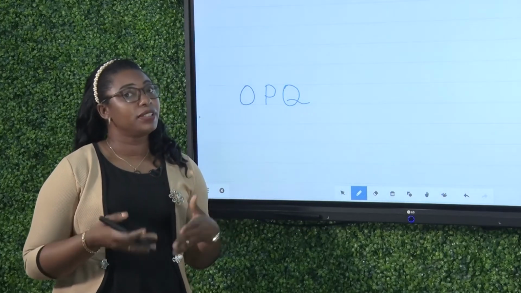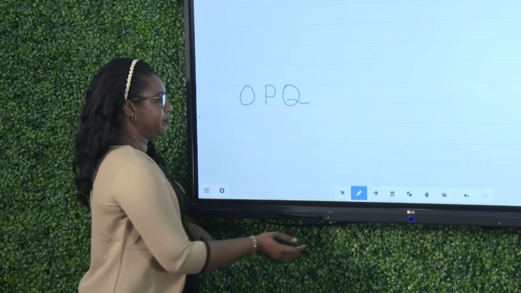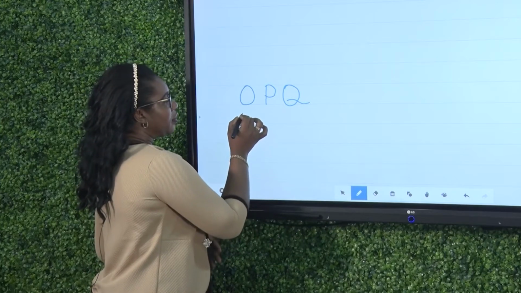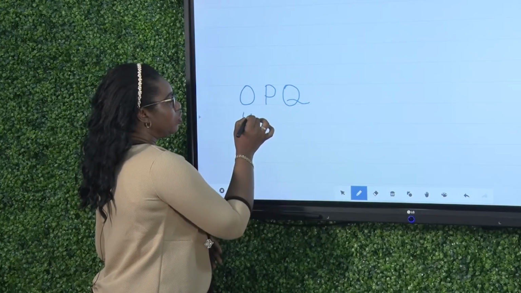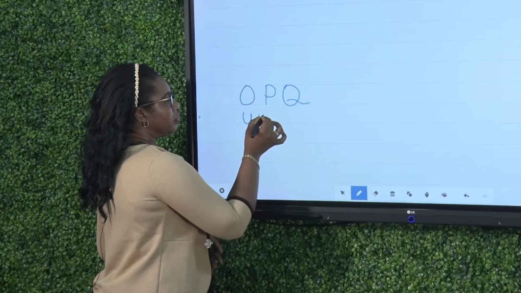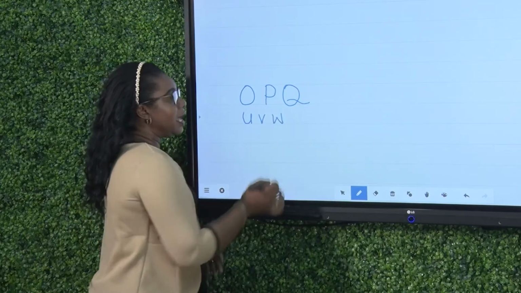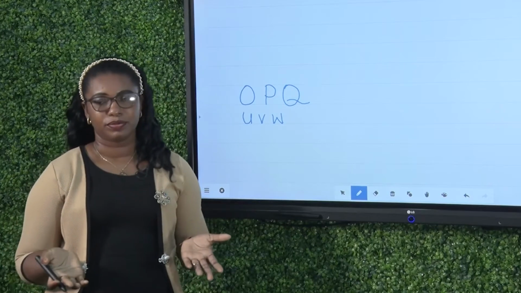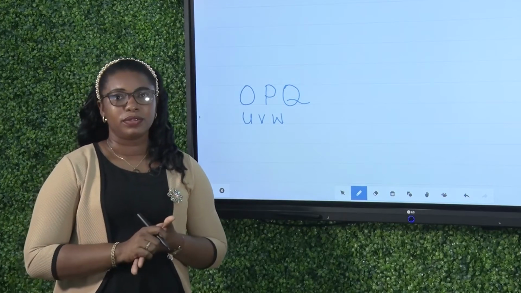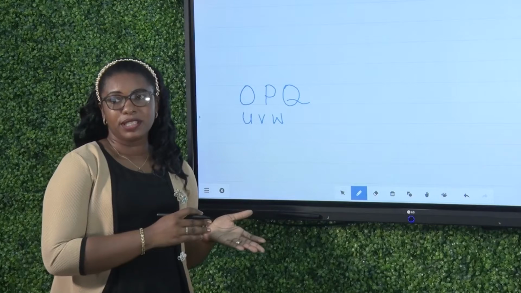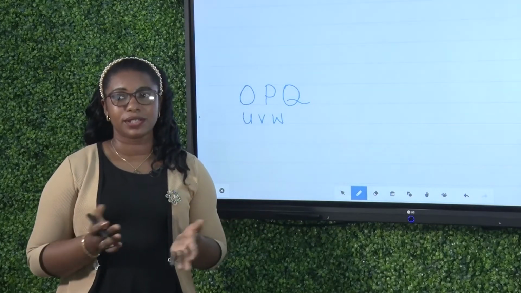There are some that will be left open, like U, V, and W. So that's for uniformity and closing your letters.